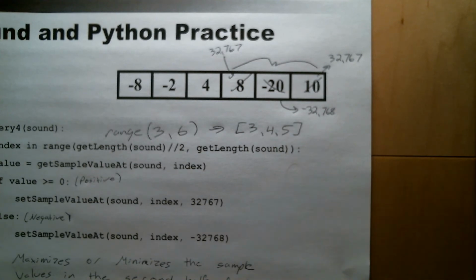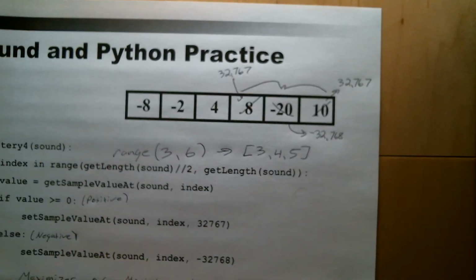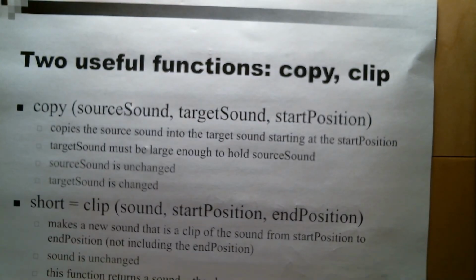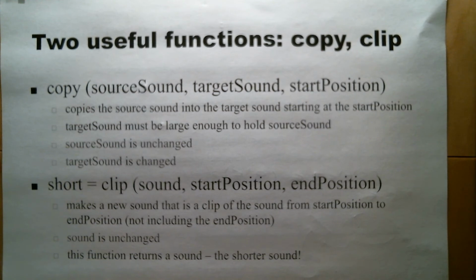modification with your sound. Now, two other things that are built into our just.py file that are going to be very useful when we're doing this unit are copy and clip. All right. So what do both of these do?